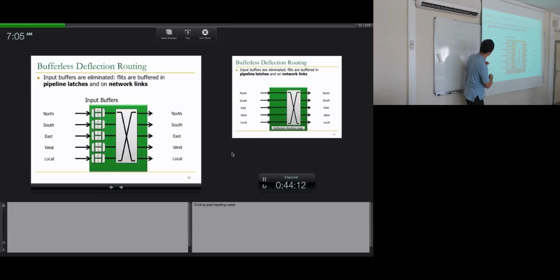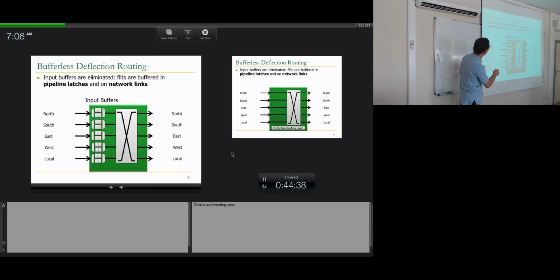You get inputs from different sides, north, south, east, west, and also the local port. And this is a mesh router. It's a two-dimensional mesh. And you get outputs to north, south, east, west, and the local also. And you need to have a 5x5 crossbar here. And I'm not going to cover a lot of the crossbar designs, but that in itself is a topic that people have explored a lot also.